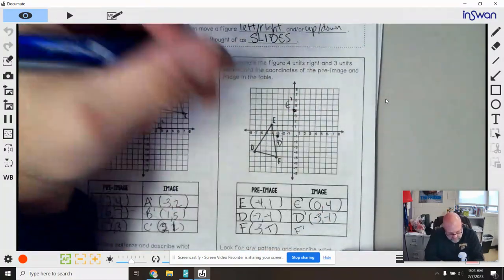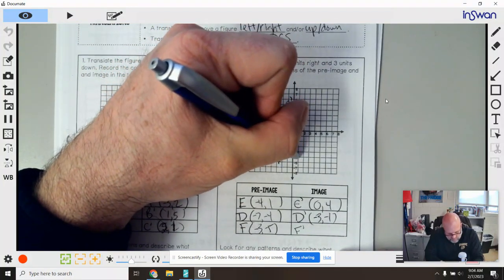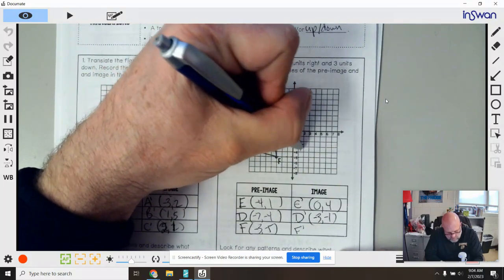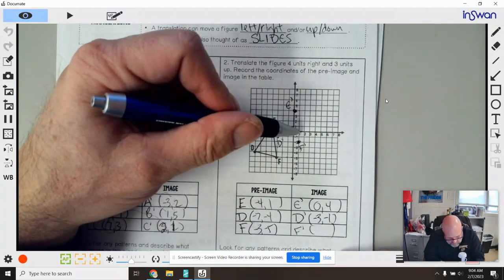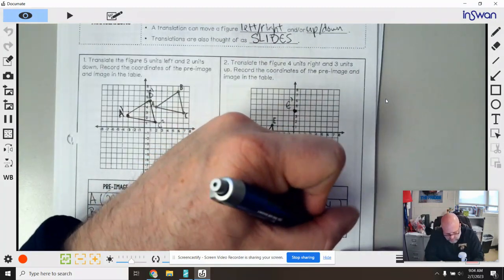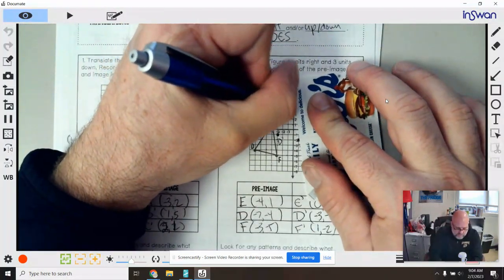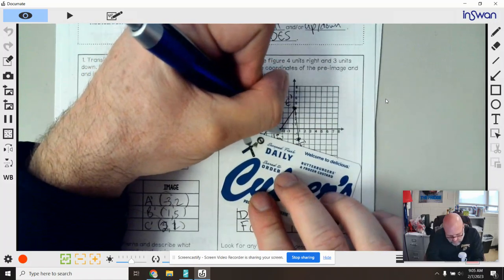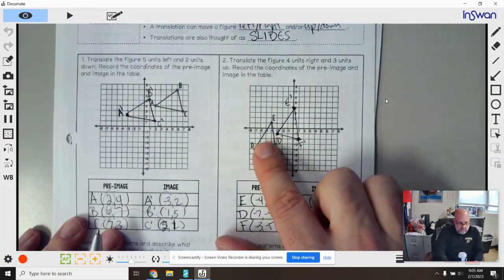And then last, F prime, 1, 2, 3, 4, and then up 1, 2, 3. And I'll label that one F prime. And we see that one is at 1, -2. All right, use your straight edge, connect those points.